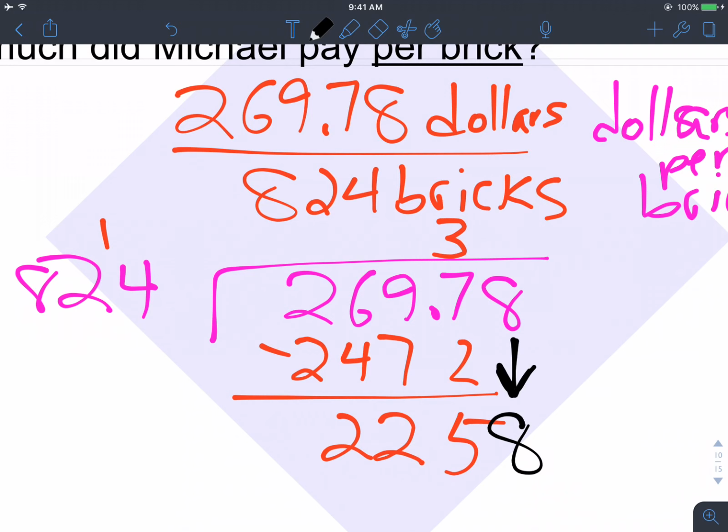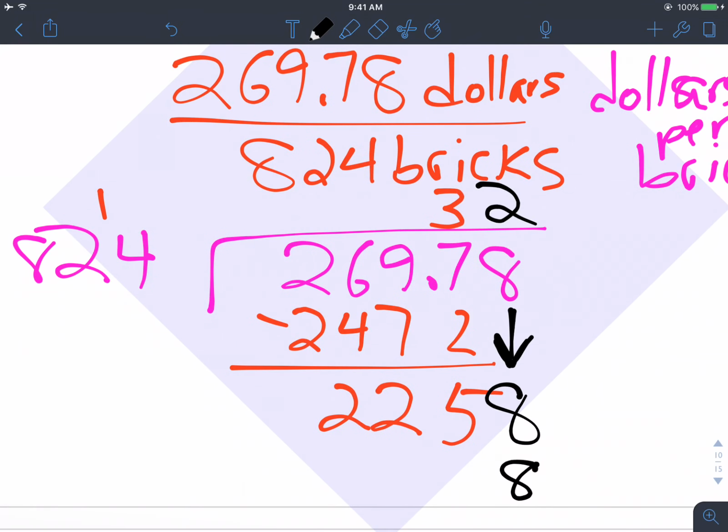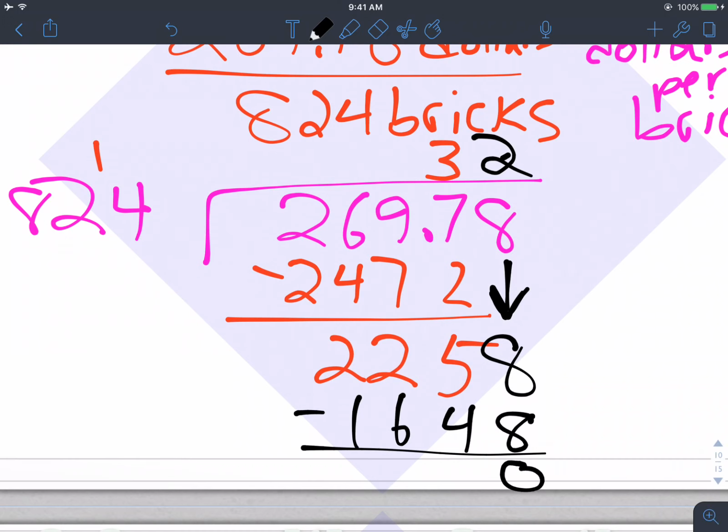824 goes into 2200 twice. So now 2 times 4 is 8. 2 times 2 is 4. 2 times 8 is 16. Subtract, and you get 610. You can add as many zeros as you like to get the accuracy of it.